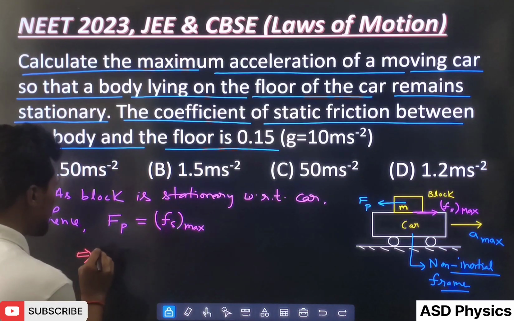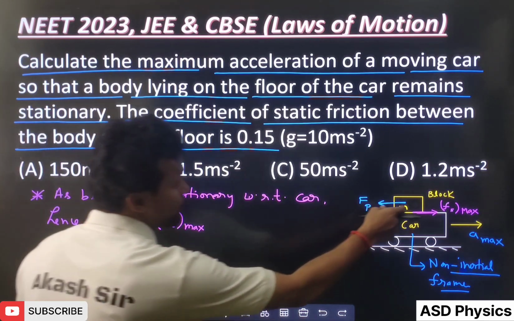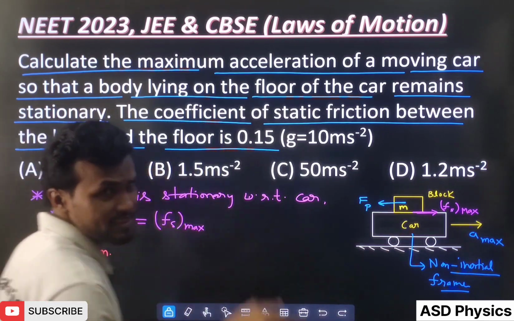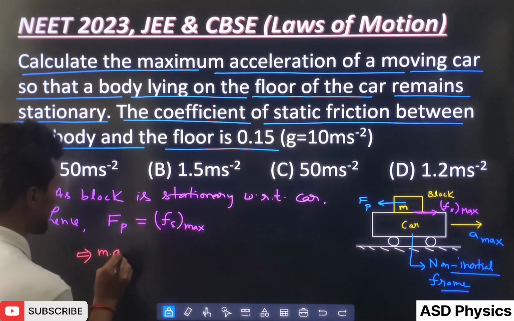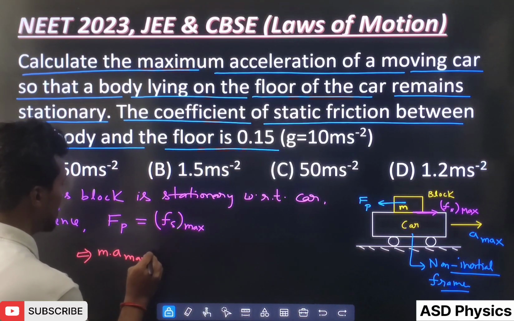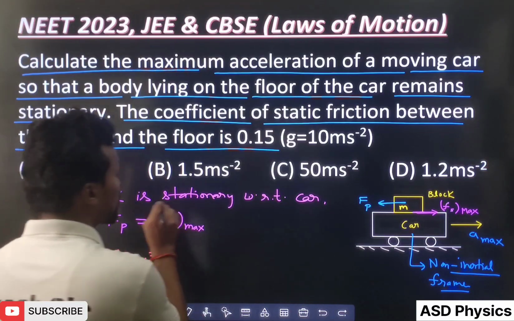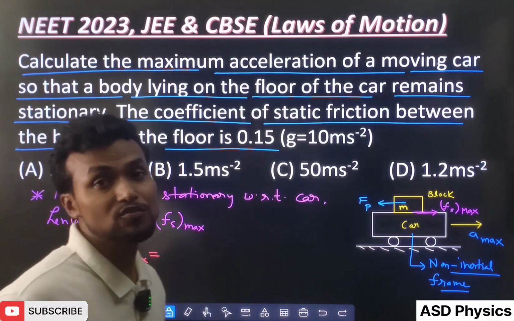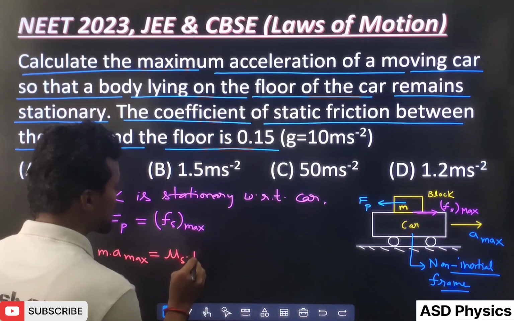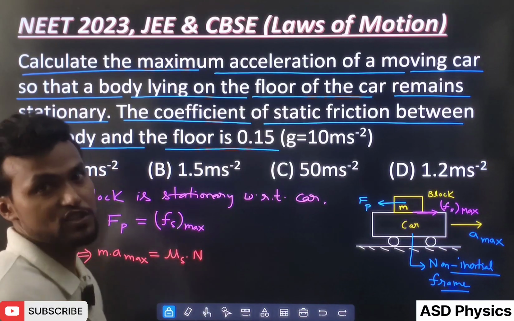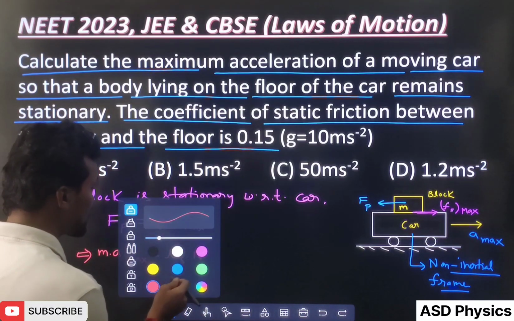So this pseudo force is given by the mass of the block, that means small m. There is nothing to do with the mass of the car. So mass of the block into acceleration A max equals the limiting friction. Limiting friction formula is the coefficient of static friction into normal reaction. Now how to get the normal reaction?